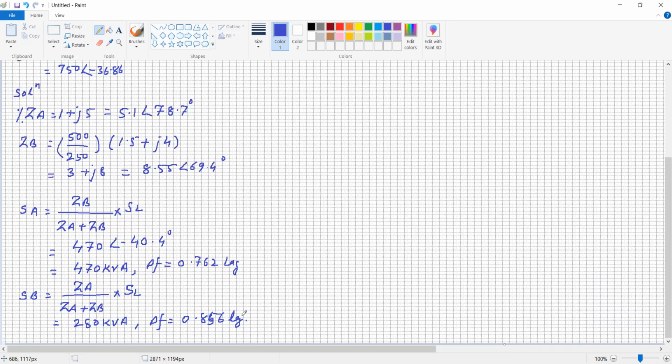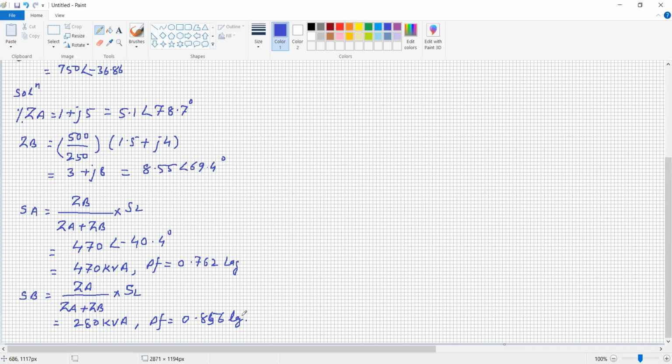Okay. So again, the small transformer, 250 kVA, is taking a load of 280 kVA, which is more than its capacity, whereas the transformer whose capacity is 500 kVA is sharing less than its capacity. The reason is that the resistance to reactance ratio of both transformers is not the same. It is 3/8, it is 1/5. If the ratio of resistance to reactance is same, the transformers definitely share the load, but the sharing of load does not depend upon their capacity.